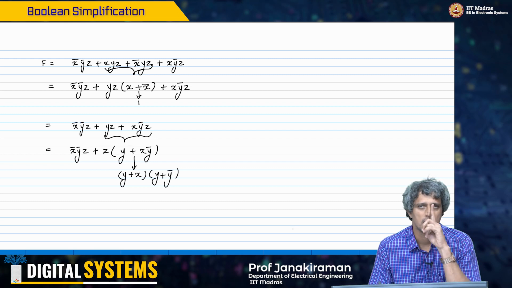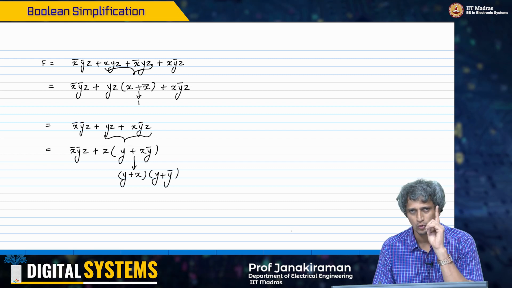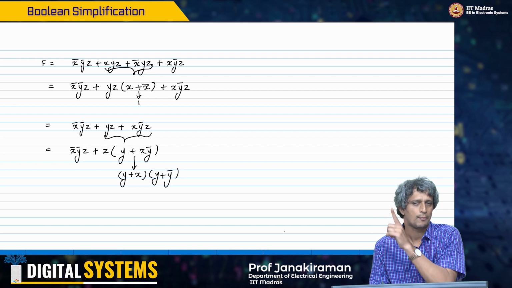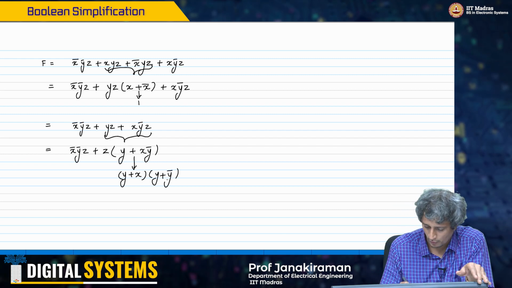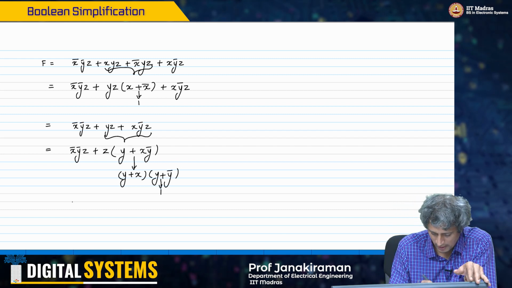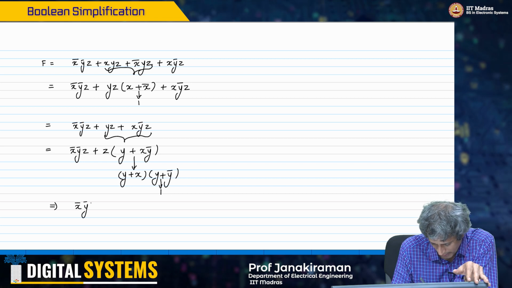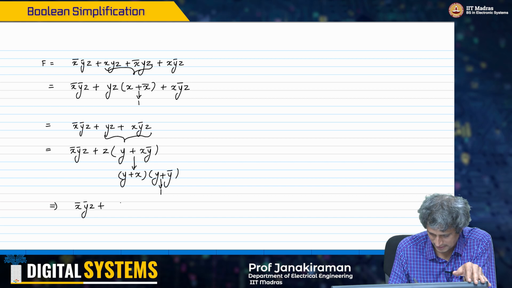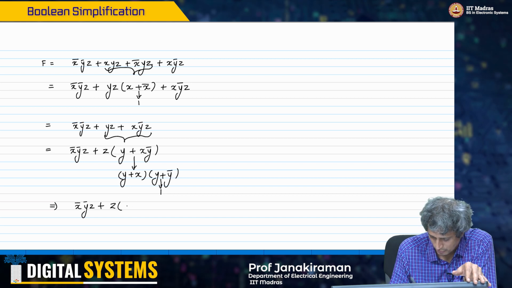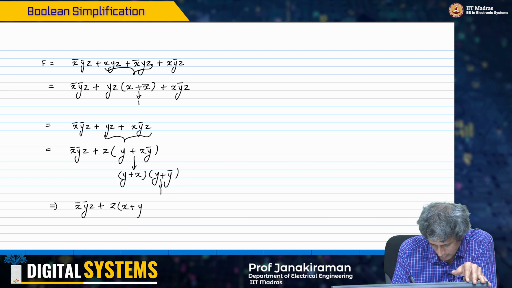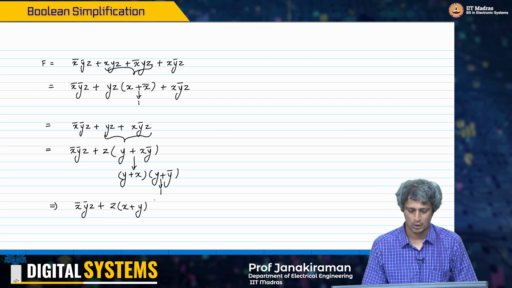Remember, right? We said a plus bc is equal to a plus b and a plus c, right? And then we know this has to be 1. Therefore, this can be written as x bar y bar z plus z times x plus y. Okay.